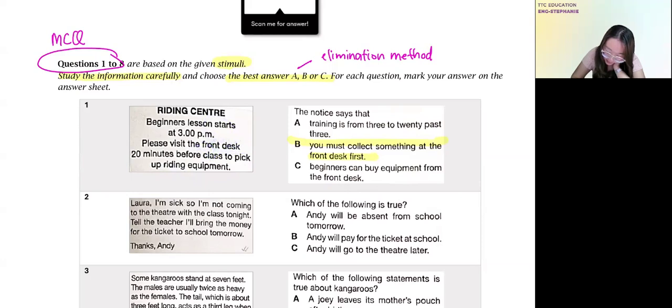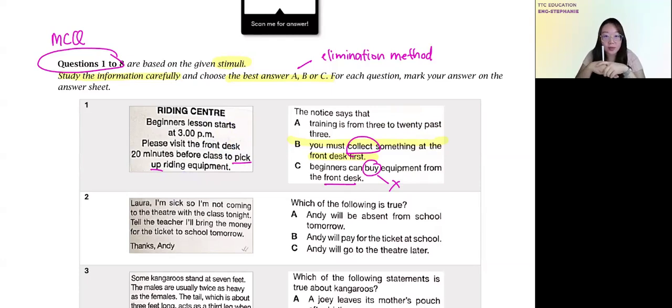It's just saying that the front desk is to pick up writing equipment. So although they use front desk, the problem is buy is not mentioned. However, when you talk about pick up, it adheres to your collect. So other than the words inside, you need to be very careful of the choice of words used as well.